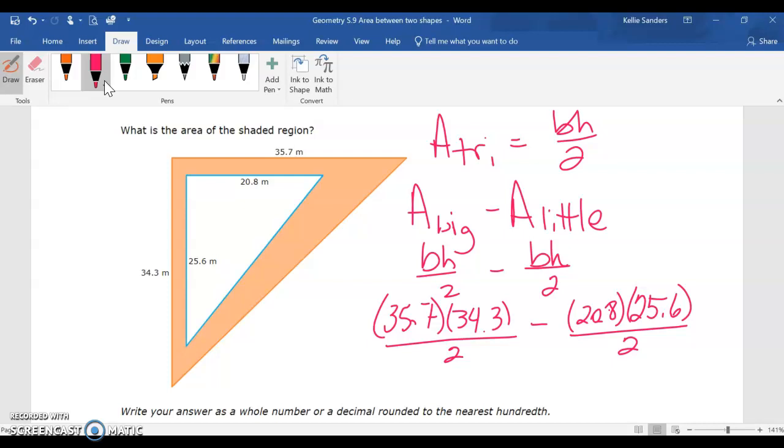35.7 times 34.3 equals, divided by 2 equals. Do not round until the very, very end. Because if you round a rounded number, you might get it wrong. You might get it right, but you might get it wrong also. 20.8 times 25.6 equals, divided by 2 equals 266.24.